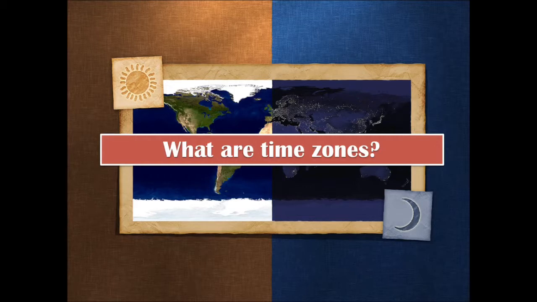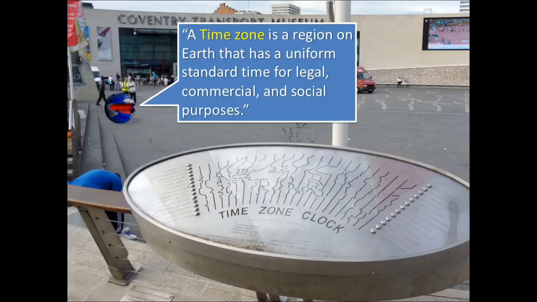If you have traveled anywhere of any distance, you may be aware of time zones. So when you go to another part of the United States or another part of the world, you are going to need to be aware of the time zones and the places you're going to.